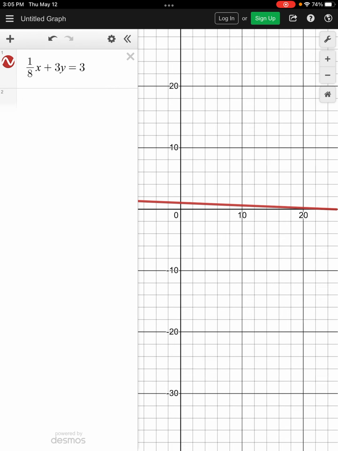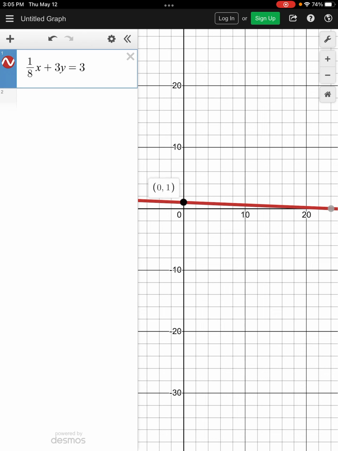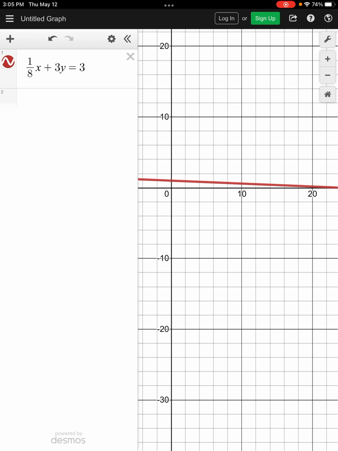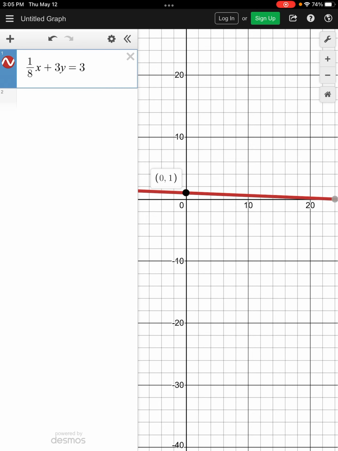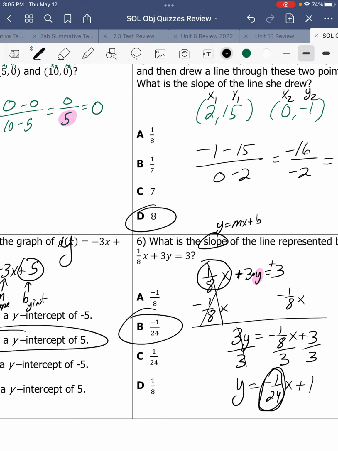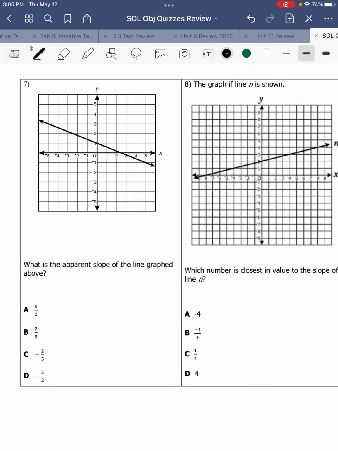Where is the x-intercept? That's 24, 0. So 24, 0, and 0, 1. You can count down 1 and to the right 24. Down 1 is negative 1. So if I'm going to do rise over run, I'm going from 0, 1 down 1 to be on the x-axis, and then I have to go right 24. Down 1 is negative, right is positive, so that would be a slope of negative 1 over 24. That's probably the easiest way to do that problem.